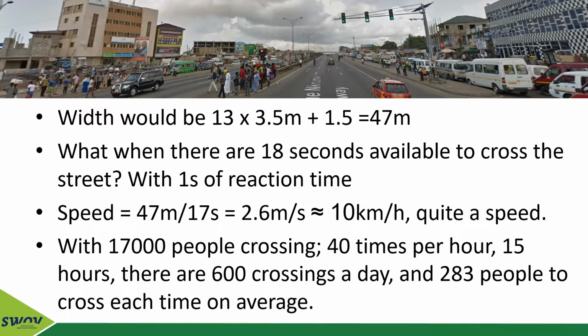These types of calculations help you visualize the impossibility of solutions where there's too little time to cross the street or too little room for people to be ready to cross the street.